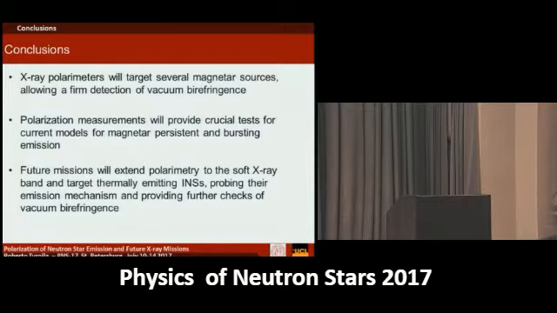But it's not important. More generally, I don't think that any body of physicists has any doubts that vacuum birefringence, vacuum polarization is there.